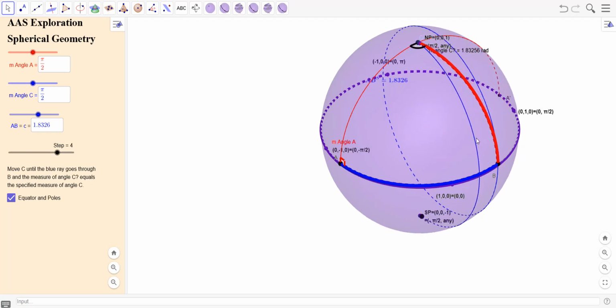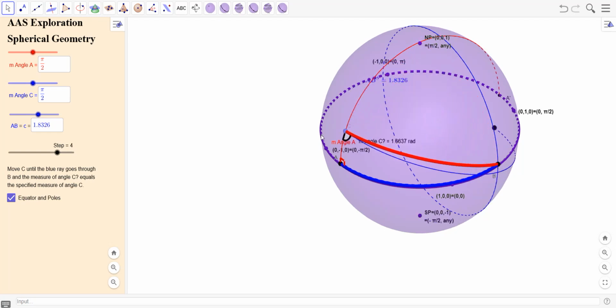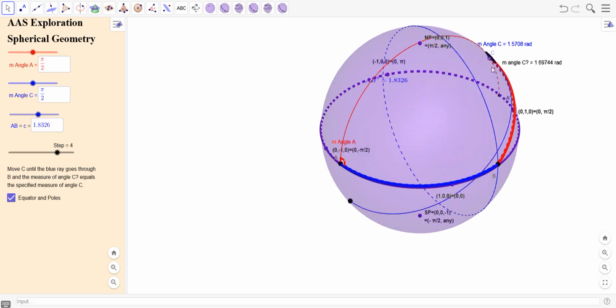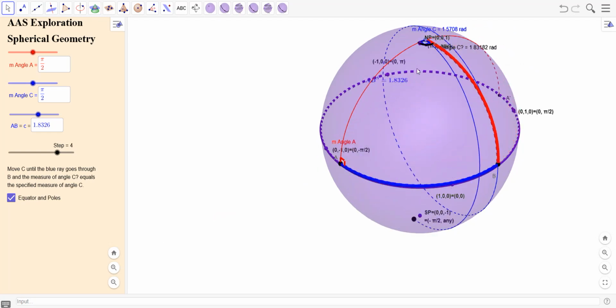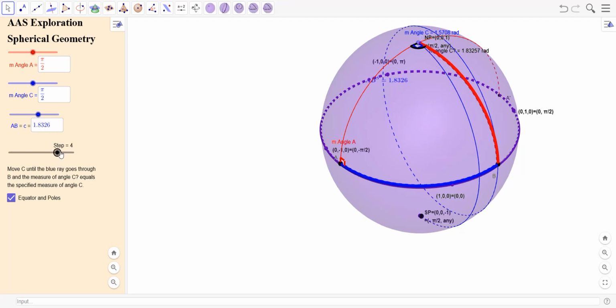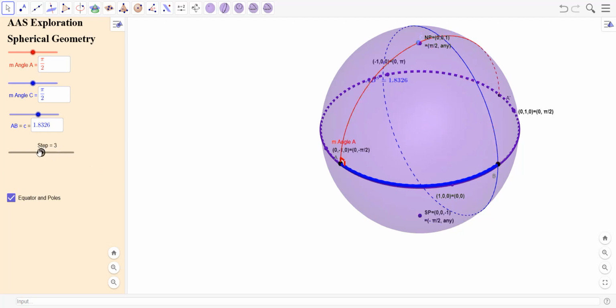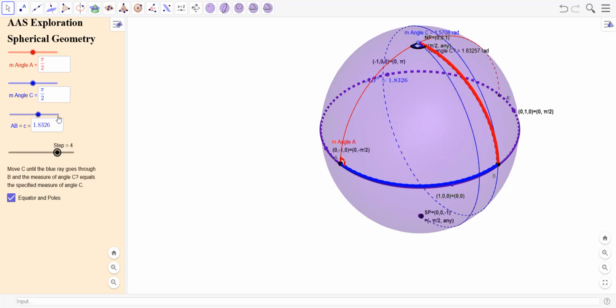Let's see where C could be. We may or may not get that to work. So there is a place here that if I make this long enough, that things start messing up.